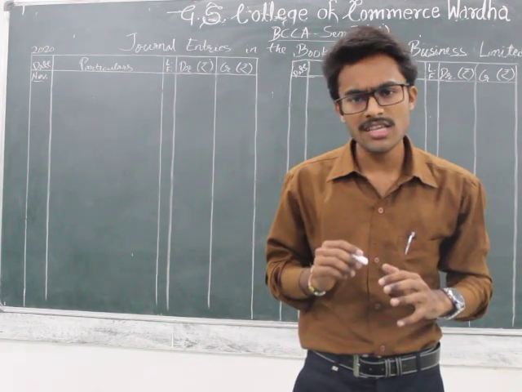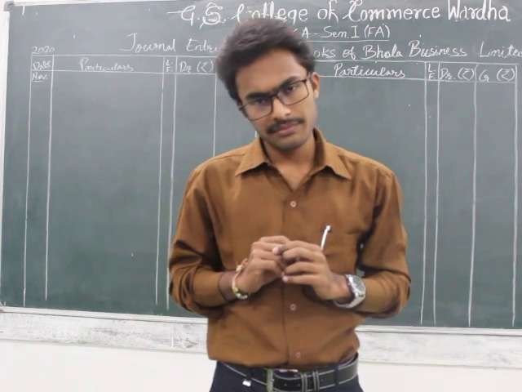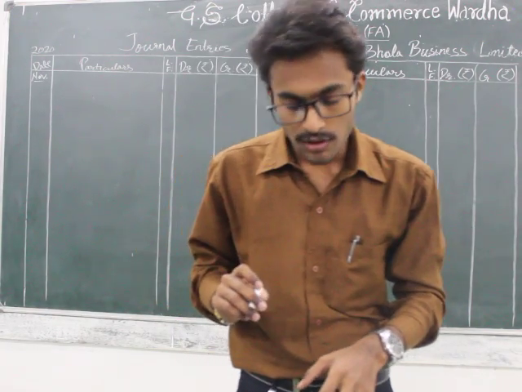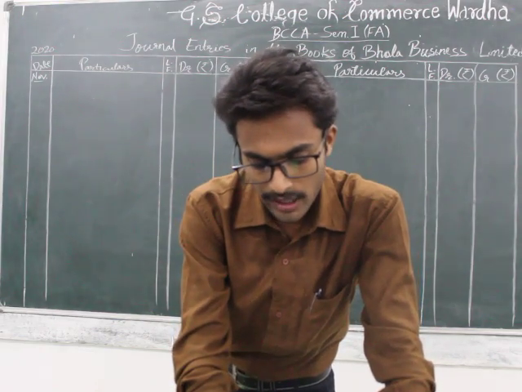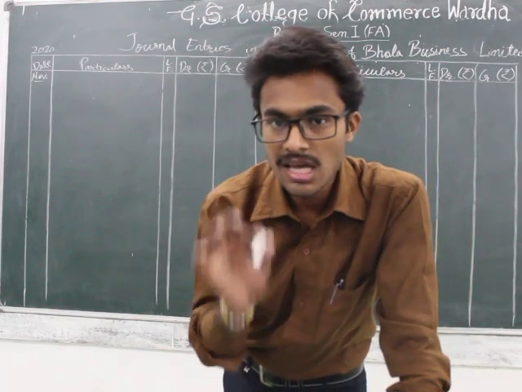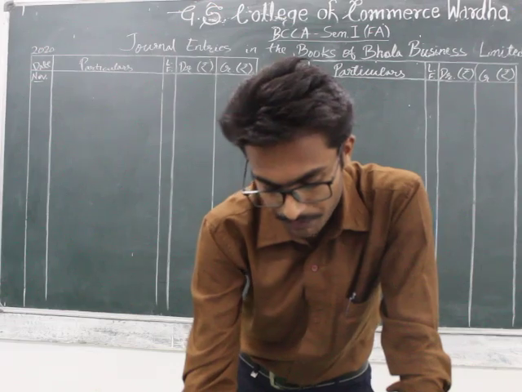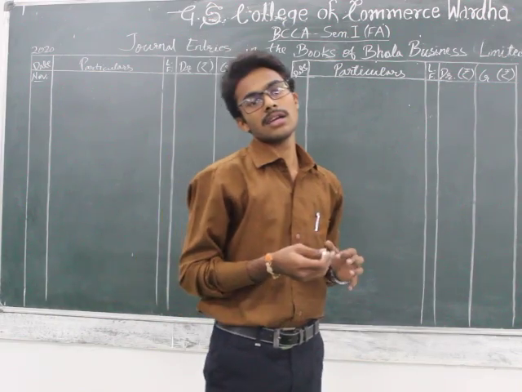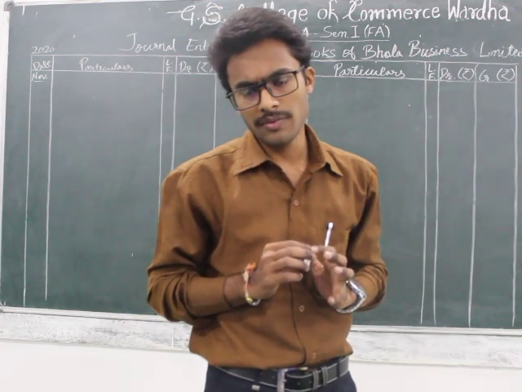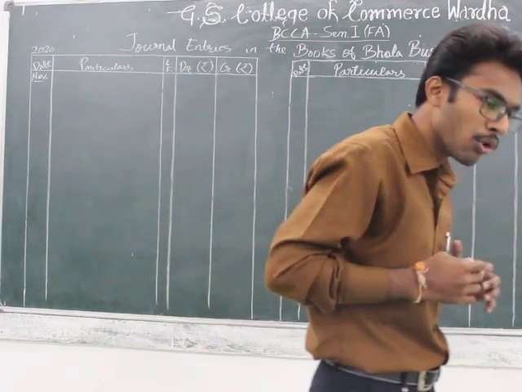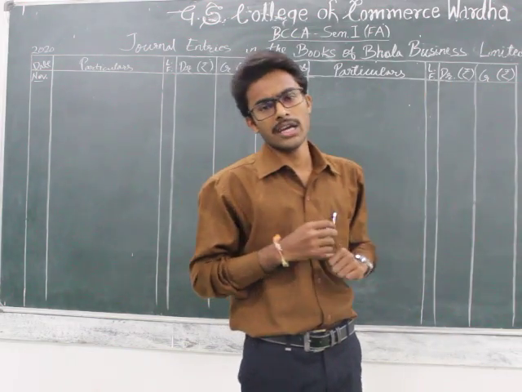The father-in-law has given 10,000 to Bhola, and now the other part of the question is: he deposits the same amount, rupees 10,000, into the account of the business. That means Bhola wants to introduce that amount into the business.